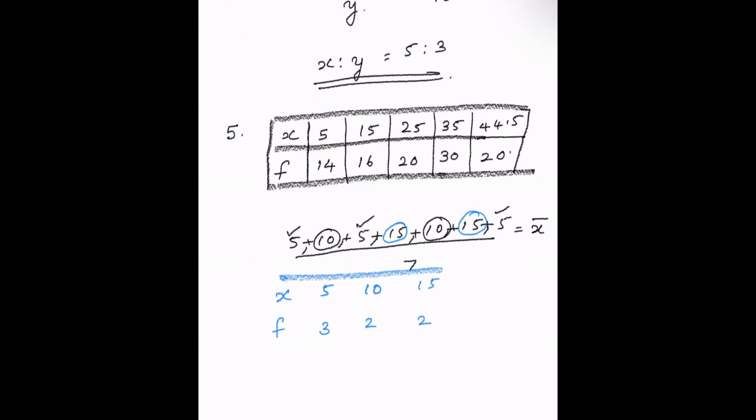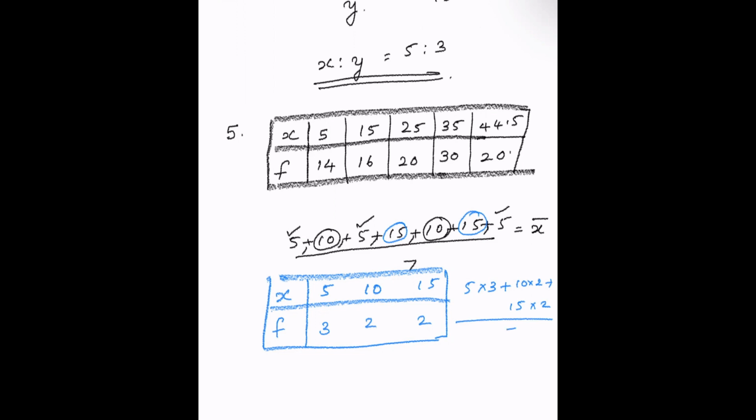So don't you think I just multiply 5 into 3 plus 10 into 2 plus 15 into 2, divided by the total frequency, 3 plus 2 plus 2, which is 7? 3 plus 2 is 5, 5 plus 2 is 7. So this will give me the mean. 5, 10 and 15 were my observations. I am just counting the number of times each was repeated and putting it against frequency.